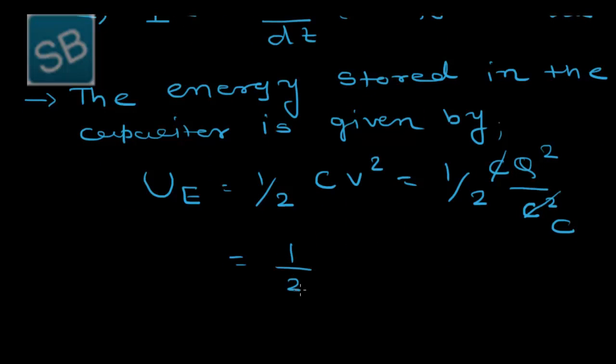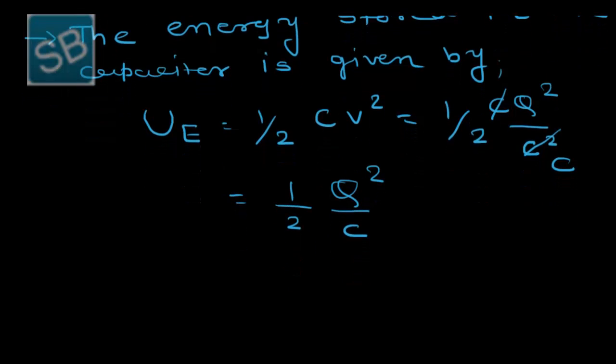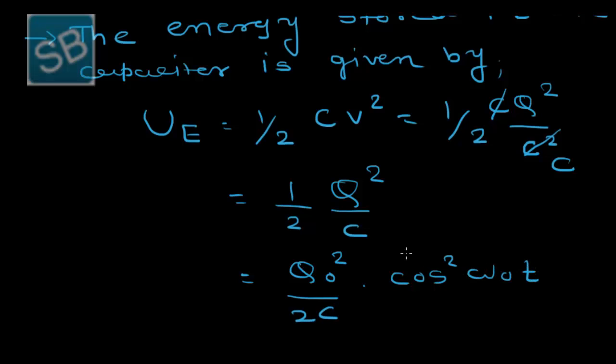So the actual potential energy or the energy stored in the capacitor is Q square upon 2C. Now the value of Q is given by Q0, so UE is equal to Q0 square over 2C into cos square omega 0 t.